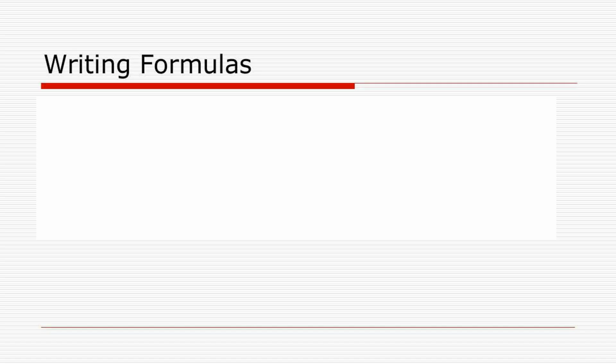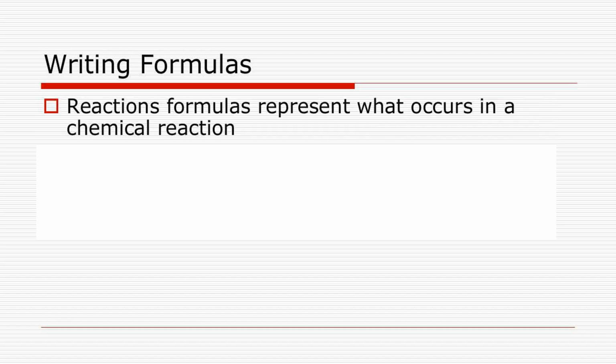So what we want to be able to do is use those compounds in a chemical reaction or a chemical formula. So the first thing we want to be able to do is write a chemical formula and know what a chemical formula is. Chemical reaction, and I should say instead of formulas, I should say reactions.